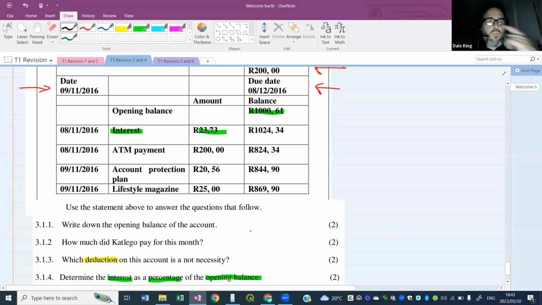Once you understand what the question wants, the math is actually quite easy to do. That comes with experience. I promise you'll pick it up very quickly as you go.